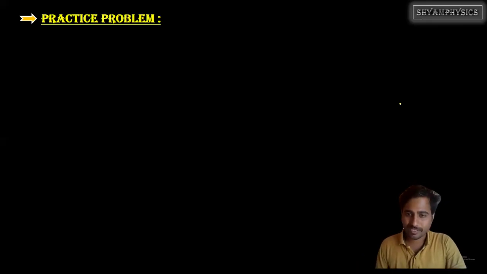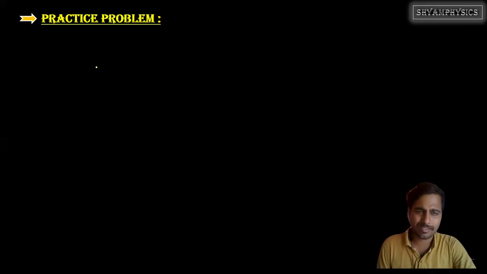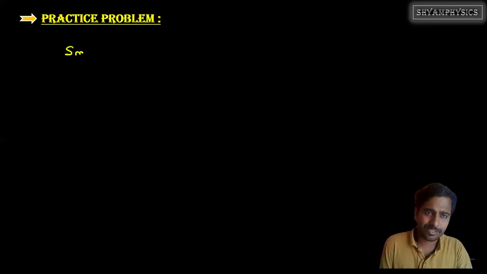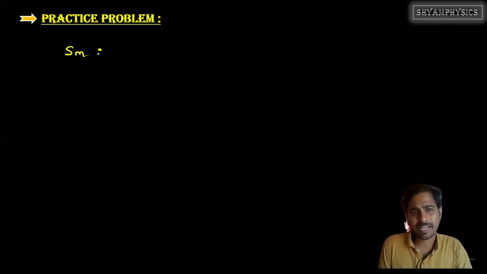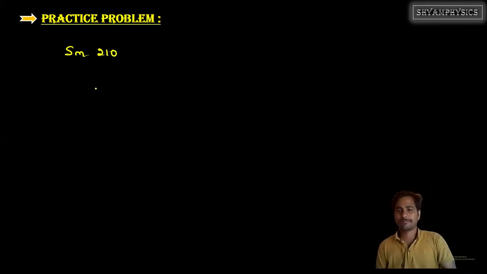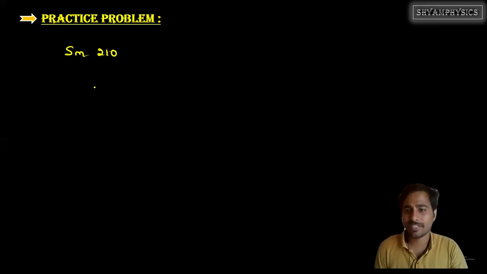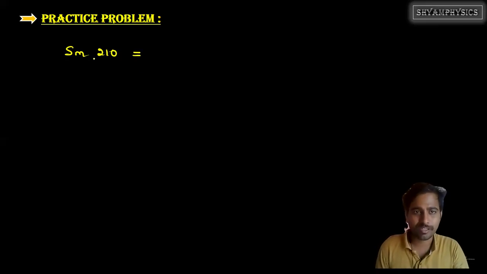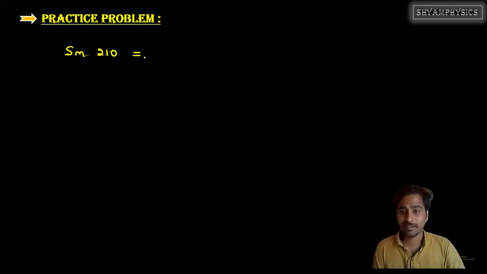Okay, we'll go with a few more practice questions. Now I'll ask questions randomly and we'll solve them. I will go with easier ones only. Sine 210, I want to write. We can write this value in two ways. First way: sine 210 will come in the third quadrant, 180 plus theta.